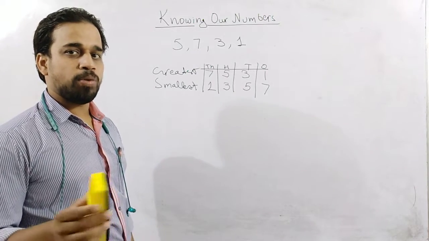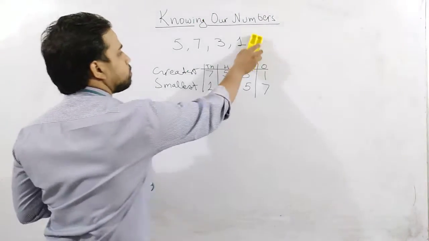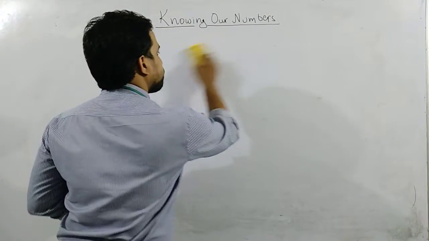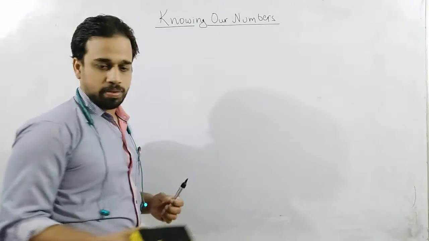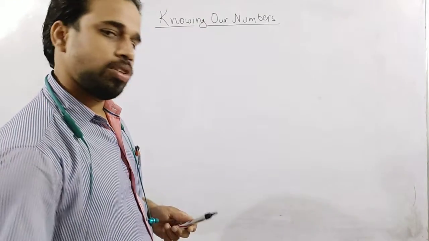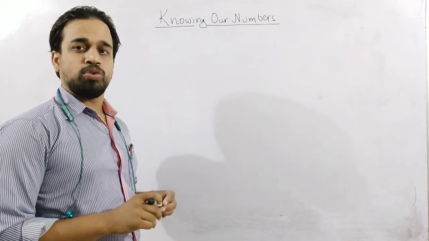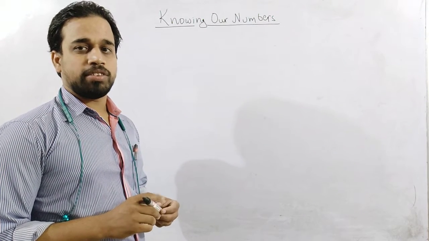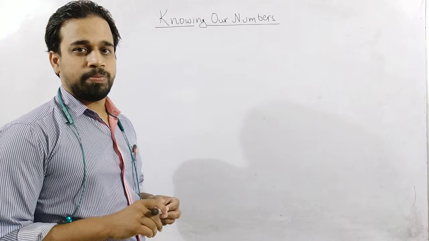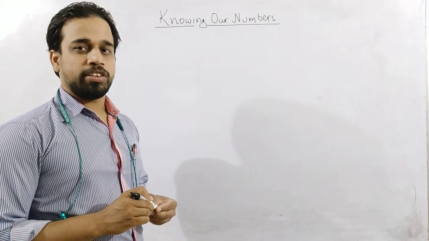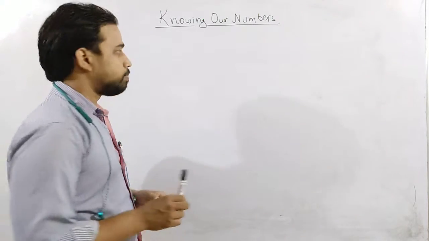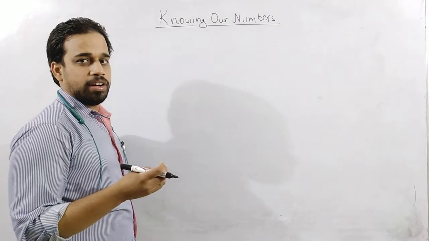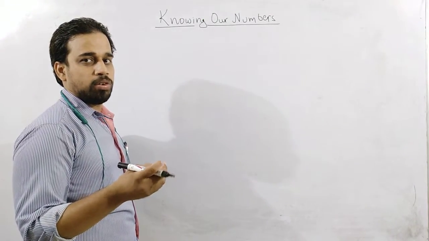Let's give you some homework. You have to solve these 2 questions and leave the answer in the comment section. I will be answering them there. The question is, you have to find the greatest number, only the greatest.